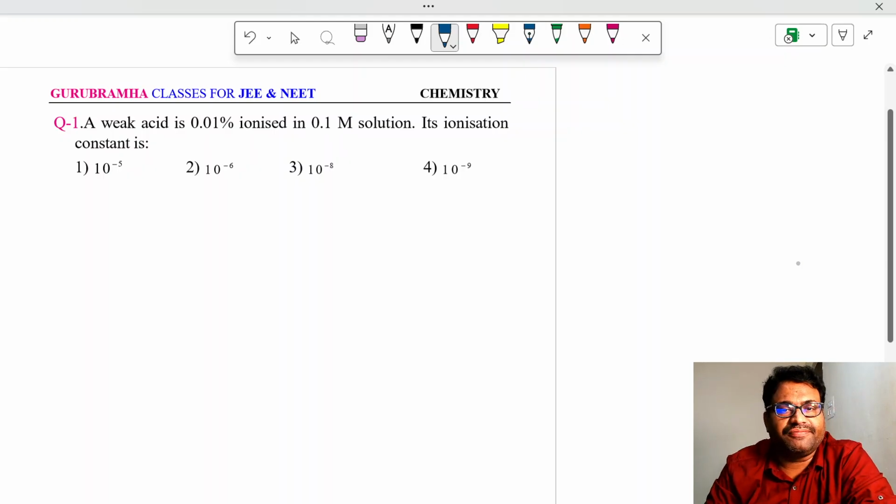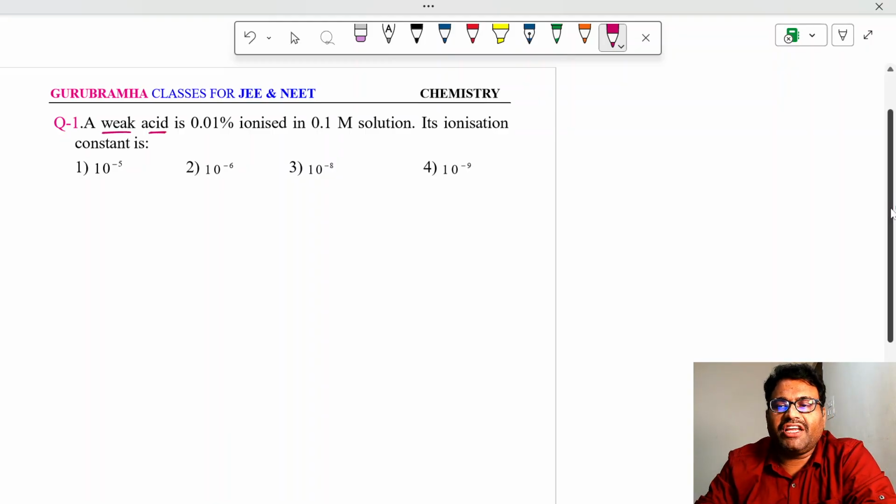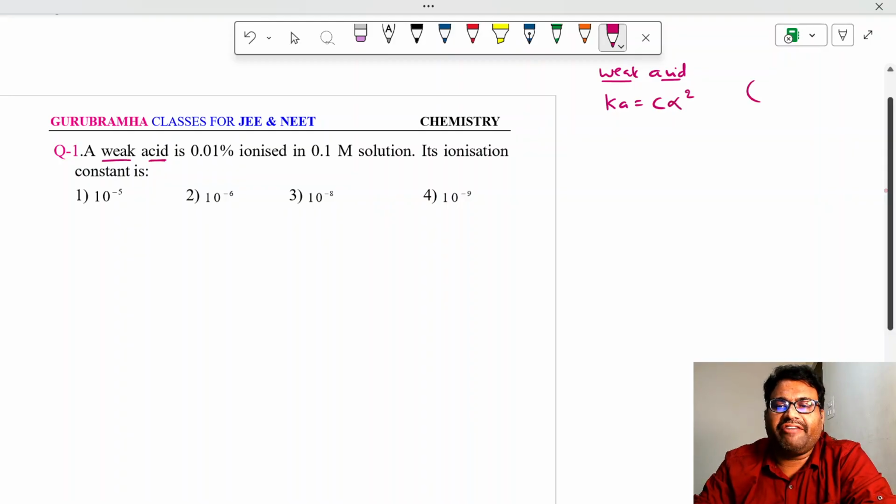Let's start the session. So here, in the case of a weak acid, we have discussed that Ka is equal to C alpha square, where the acid is very weak, where alpha is very much less than 1.